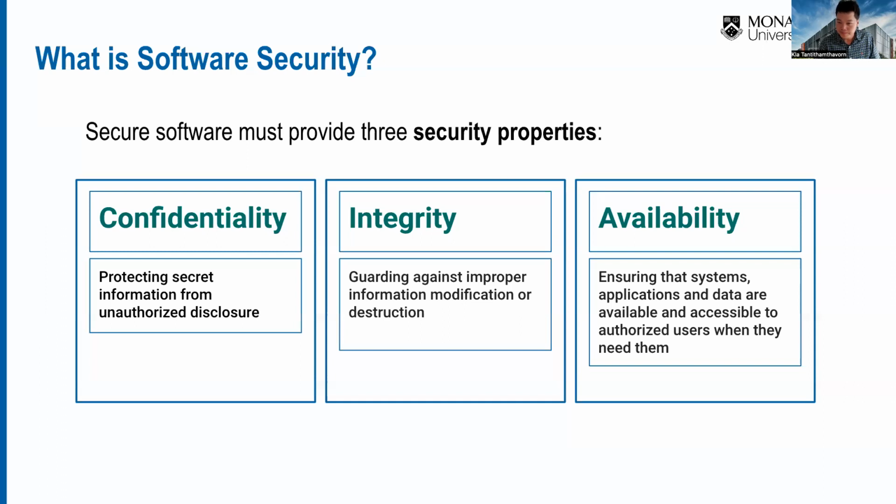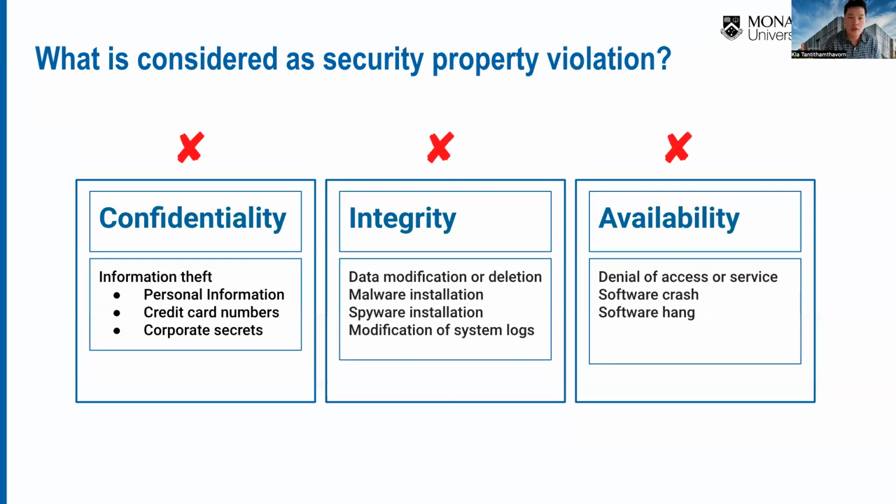This is the situation when some of these security properties are not met. For example, the first one, confidentiality. As I mentioned before, an attacker steals personal information, credit card numbers, corporate secrets.